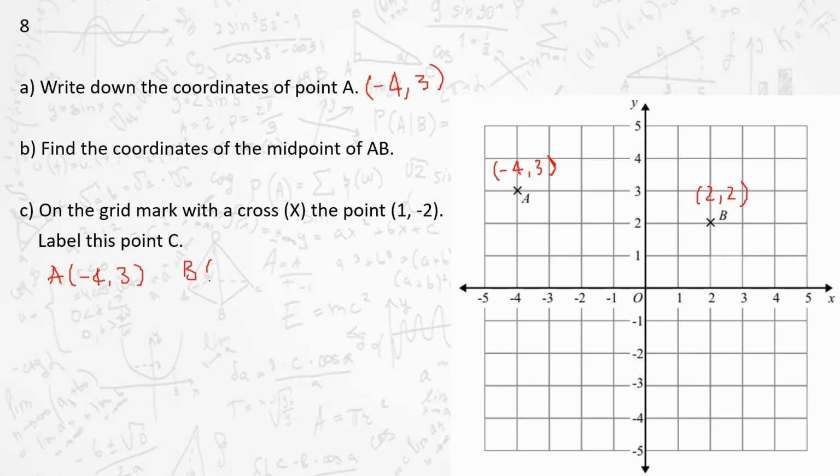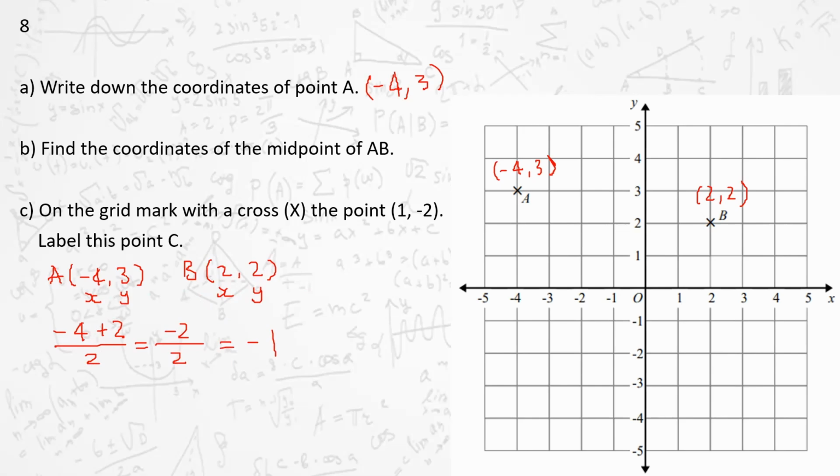Point B, 2, 2. So my x and y for A and x and y for B. To find the midpoint for my x's, I have minus 4 and 2. Then I need to find halfway. Minus 2 over 2, which gives me minus 1.